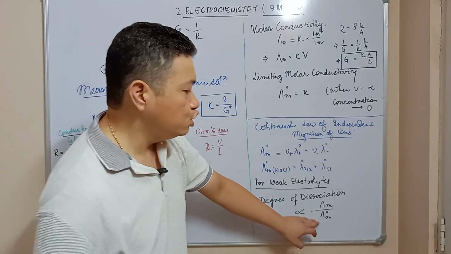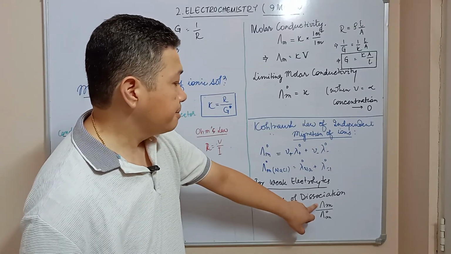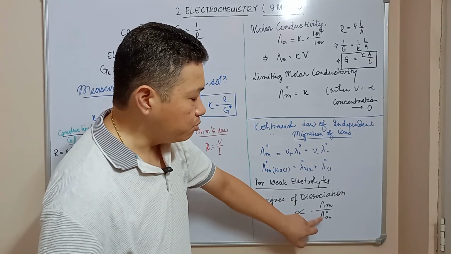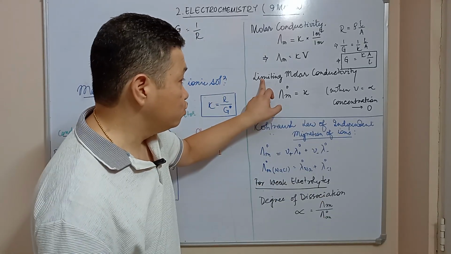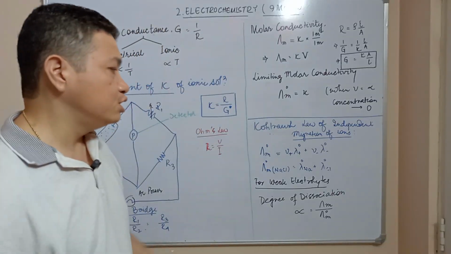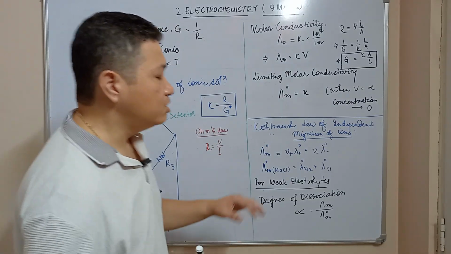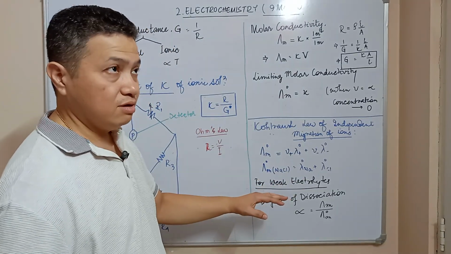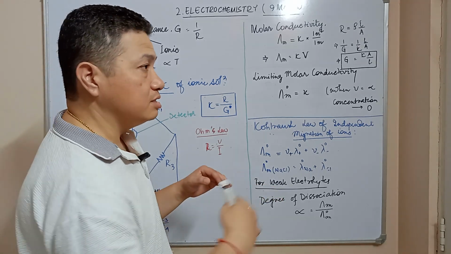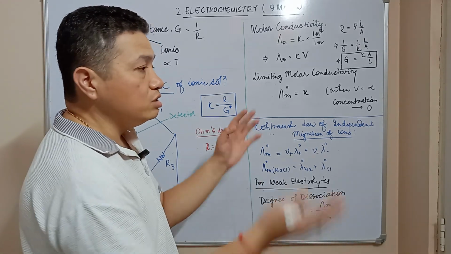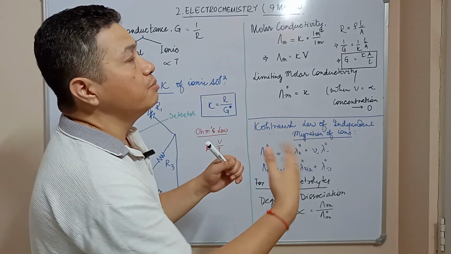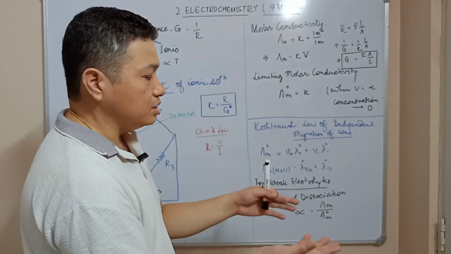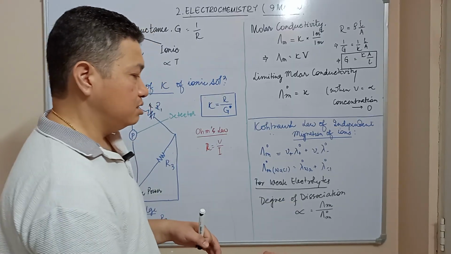It is the ratio of the molar conductivity to the limiting molar conductivity. The degree of dissociation is nothing but this ratio for weak electrolytes, where not all the molecules, but some number of molecules, will get dissociated. So how much has been dissociated?